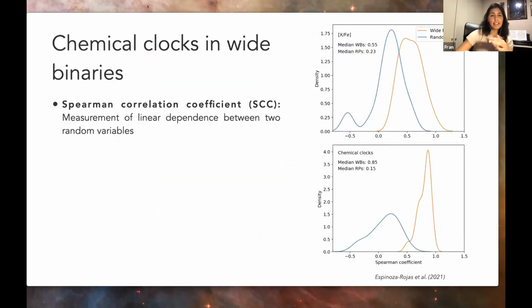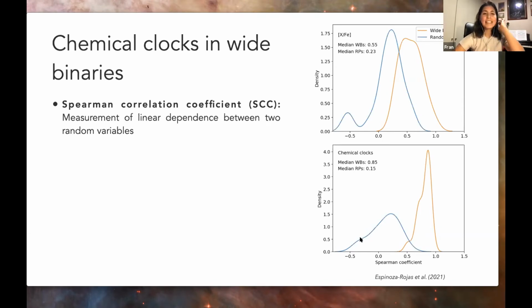So finally, to quantify the degree of consistency of chemical clocks, we derived their Spearman coefficients for each of the panels in the previous figure, and we plotted their distribution here. The distribution of the coefficients for white binaries is shown in orange, and that of random pairs is shown in blue.